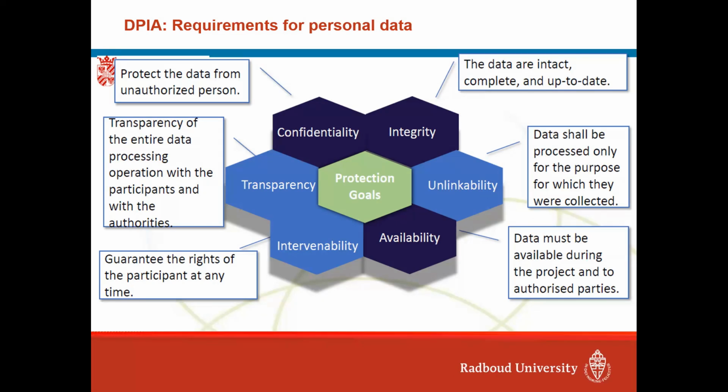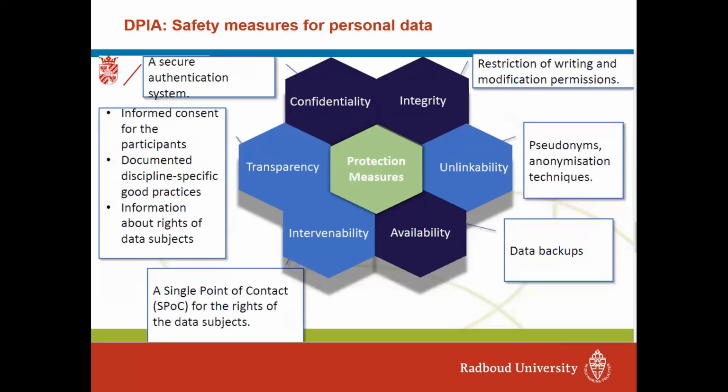And what are the safety measures that are associated with this? When it comes to confidentiality, we need a secure authentication system. When it comes to integrity, we need restriction of writing and modification permissions. When it comes to availability, it's also about data backups.